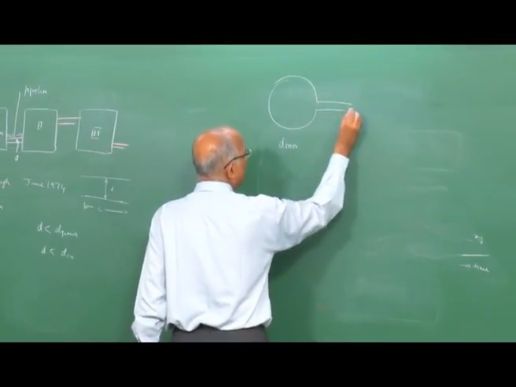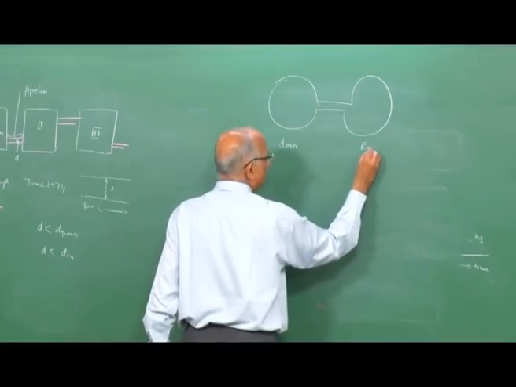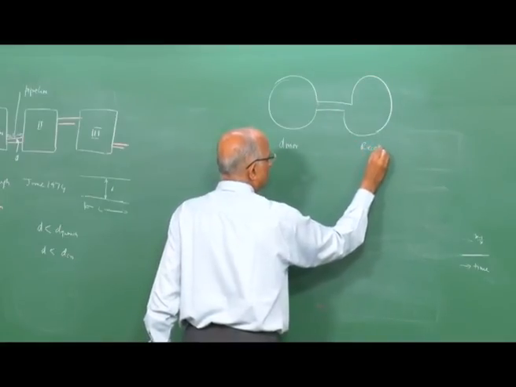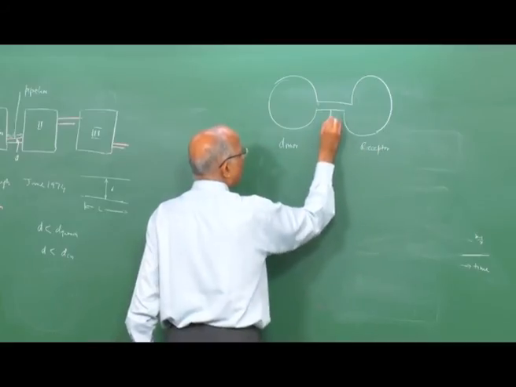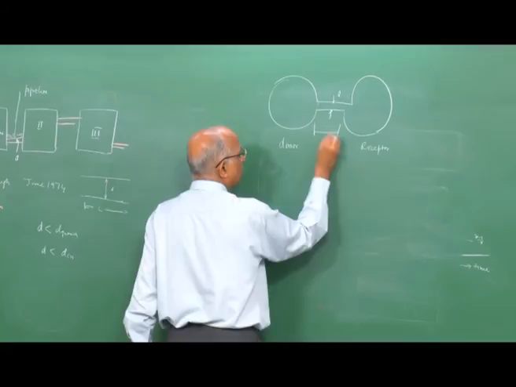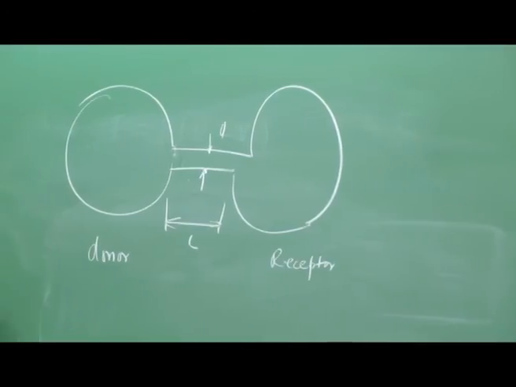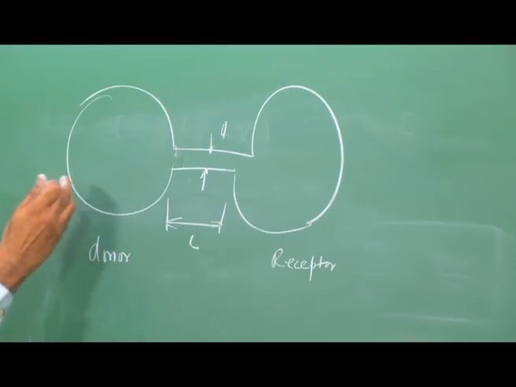It is connected to a next vessel which receives the explosion. I call it a receptor. I am interested in what must be the diameter and the length of this pipeline to make sure that the explosion does not travel from one reactor to the other.